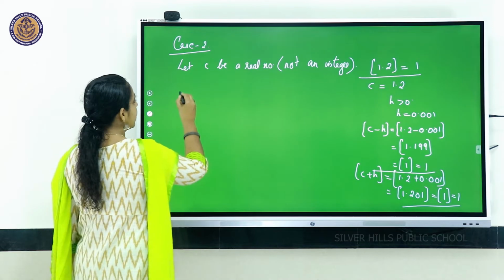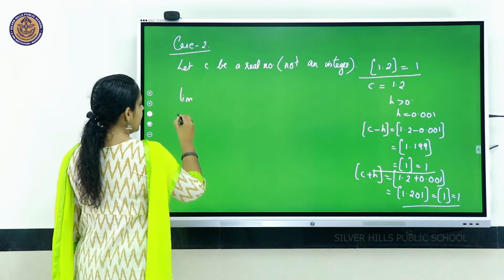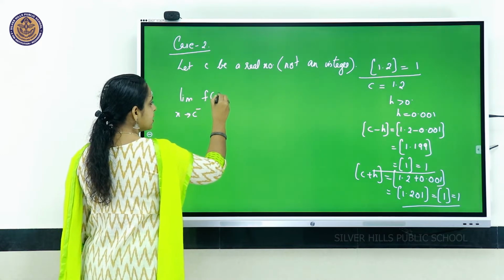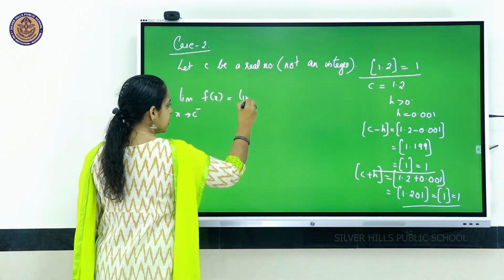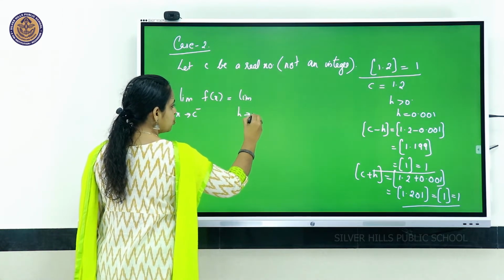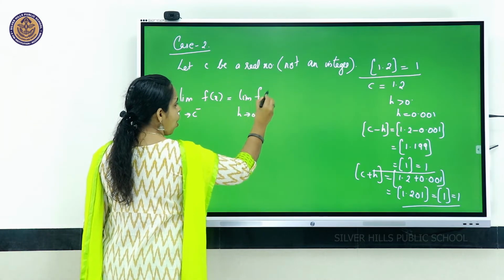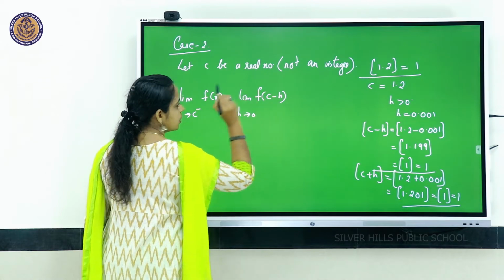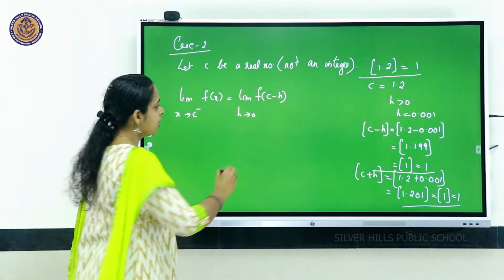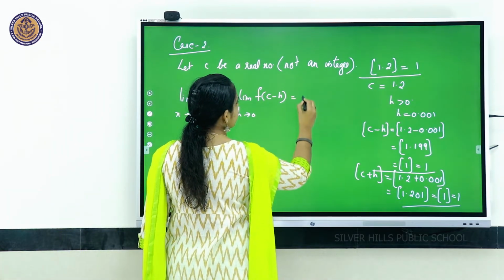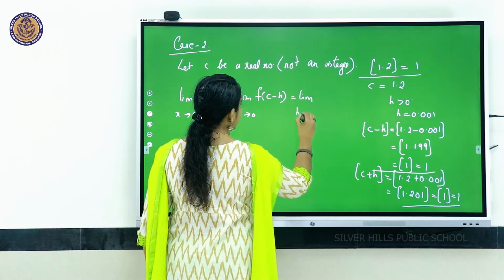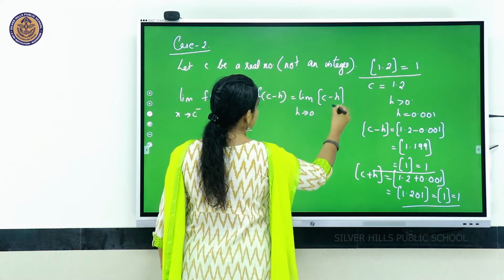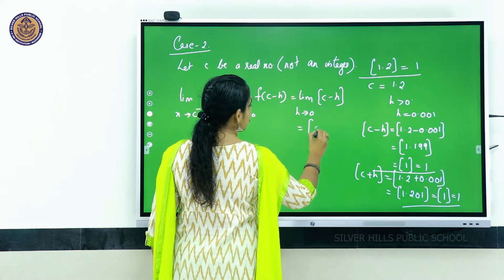When you take the limit x tending to c minus of f of x, it equals limit h tending to 0 of f of c minus h, which is limit h tending to 0 of box of c minus h, which will be equal to box of c.